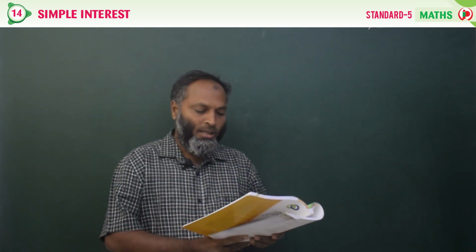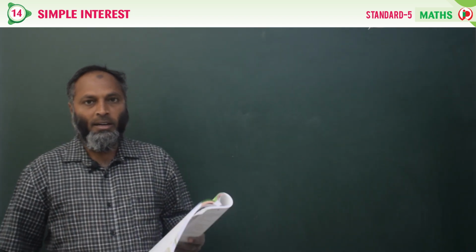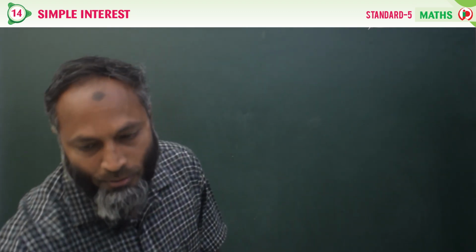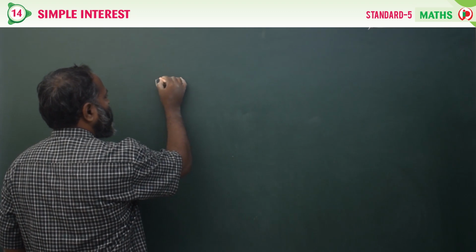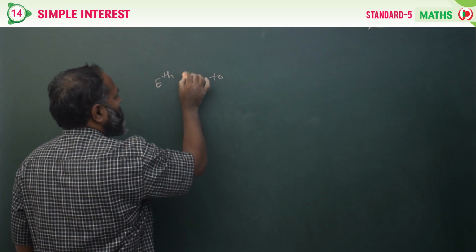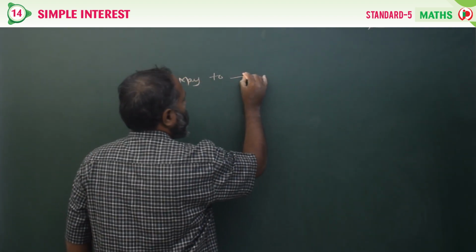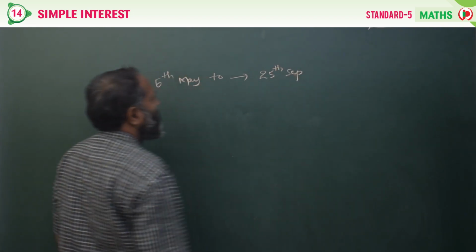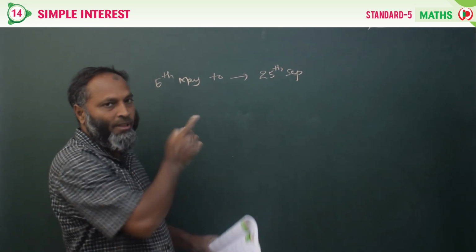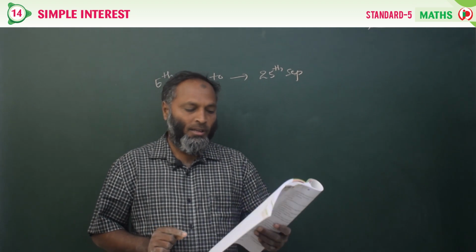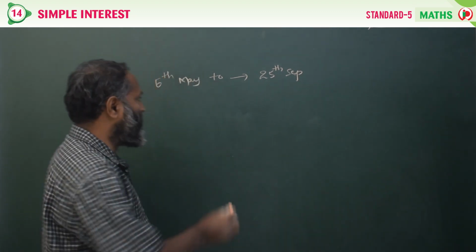The first point: when we are calculating the time period between two dates, like 6th May to 25th September, we do not count the day on which the money was deposited, that is the first day.